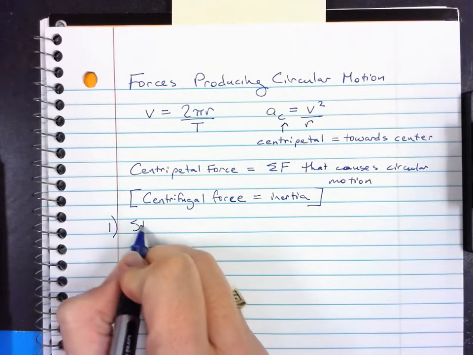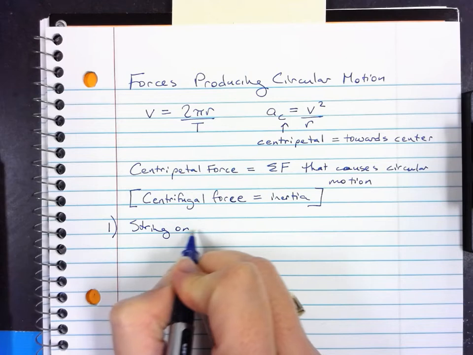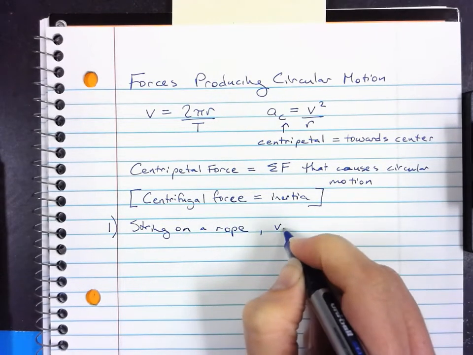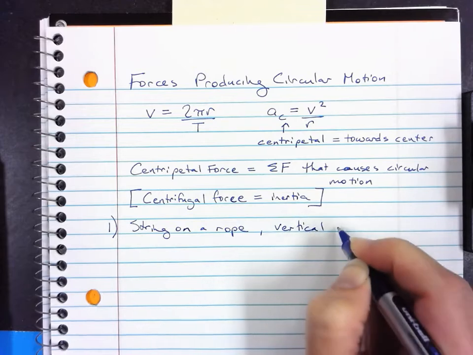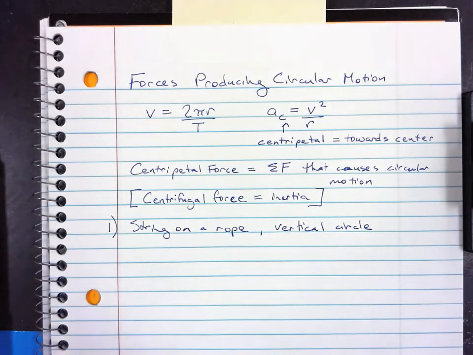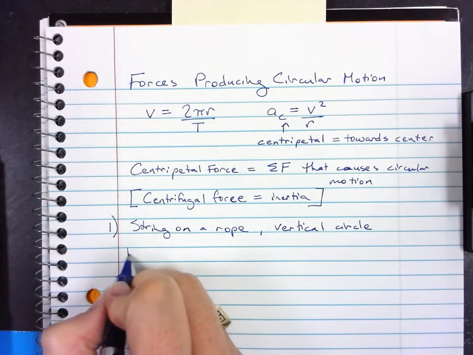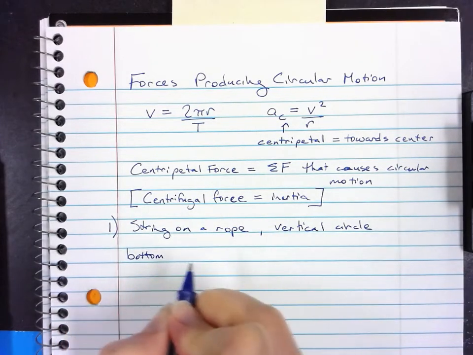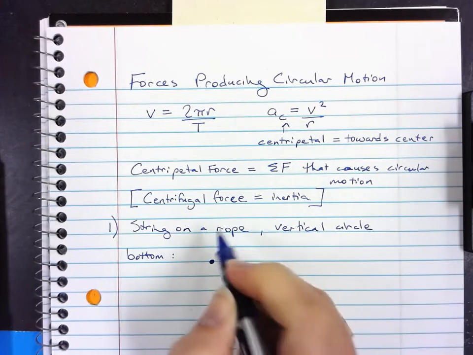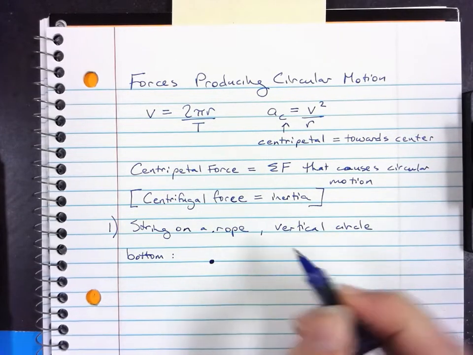For the first one, if we have a string or a rope and we are swinging that in a vertical circle, so up and down, so high, low, high, low. When we are at the bottom of the circle, the middle of the circle is up here, so that's where the center is.